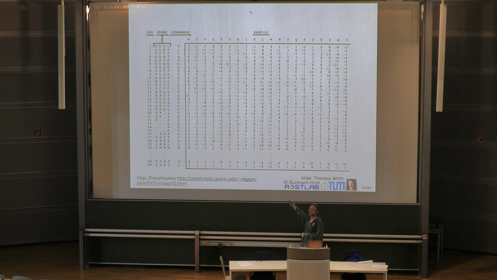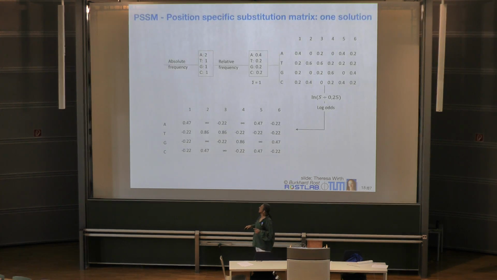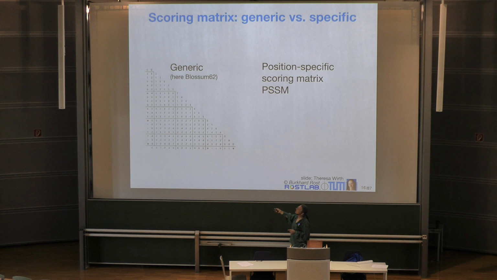That matrix is called the profile, the position-specific scoring matrix. Why is it position-specific? Remember we had the BLOSUM matrix, which changed from percentage identical amino acids to assessing biophysical similarity.